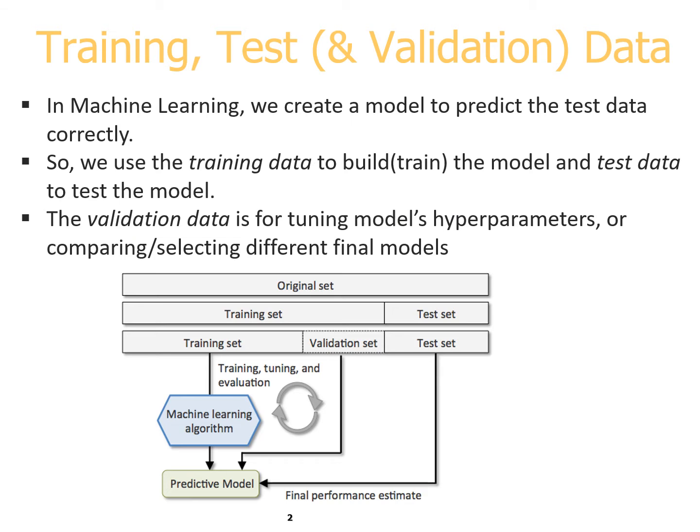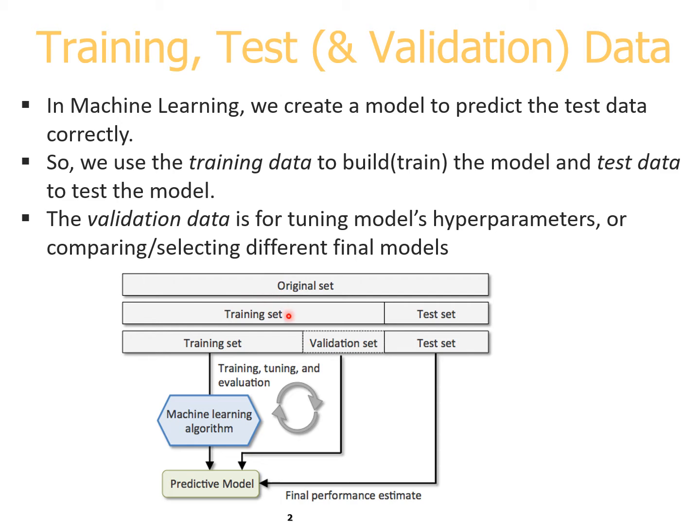Before we move on to decision tree pruning, I'm going to talk about the training data, test data, and the validation data first. If you look at this picture here, let's say we have one original data set, and this data is divided into training data and test data.